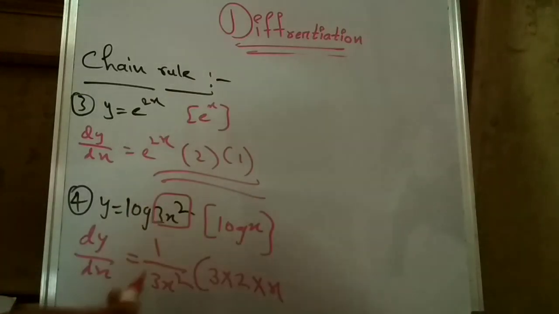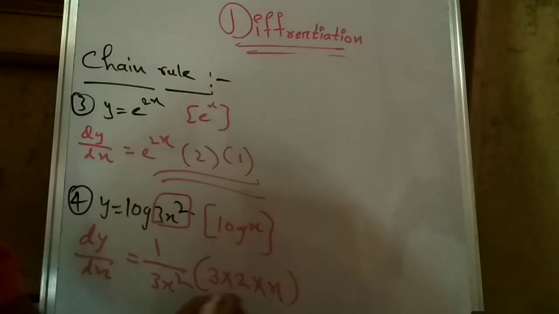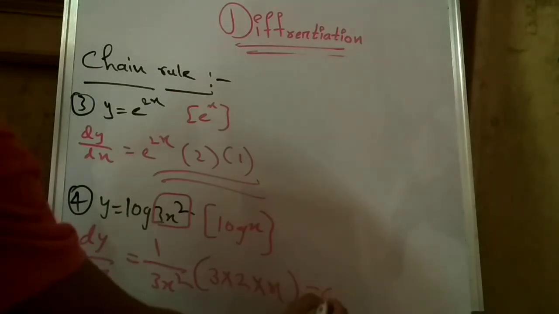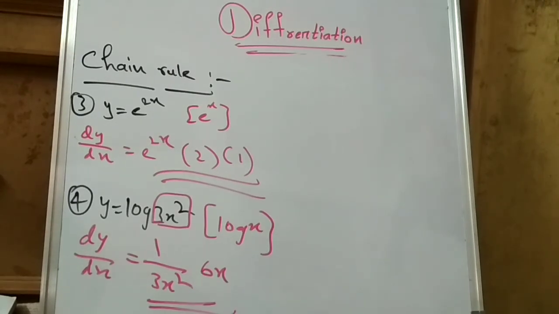If you want to write 1, you can write. So this is the differentiation and this will be equal to 6x, right? So 3 into 2 into x, 3 twos are 6, 6x. So it will be 1 by 3x square times 6x. Is it done now?